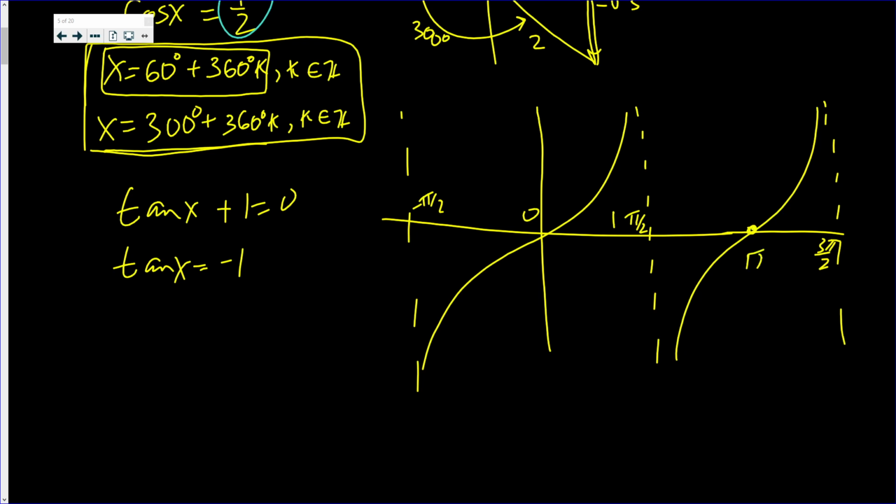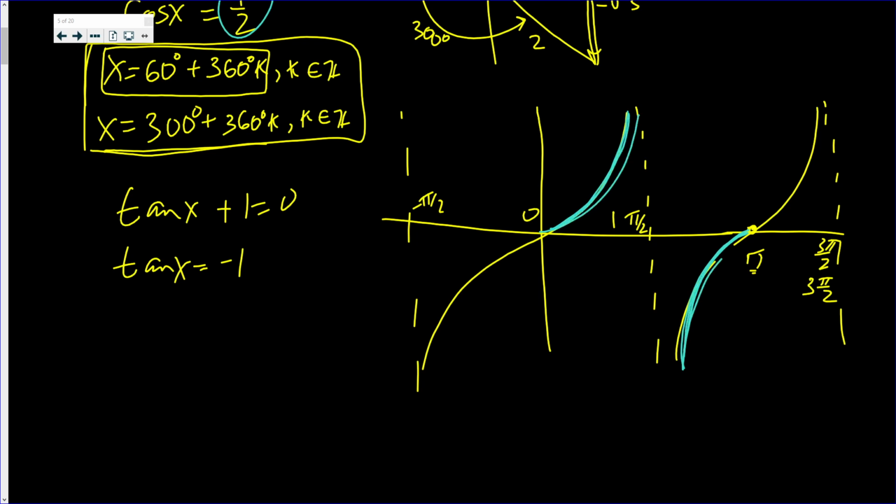Between pi over 2 and 3 pi over 2 is 2 pi over 2's, which is just pi. Now, this portion and this portion, that's one period. Okay, this keeps repeating. This keeps repeating.